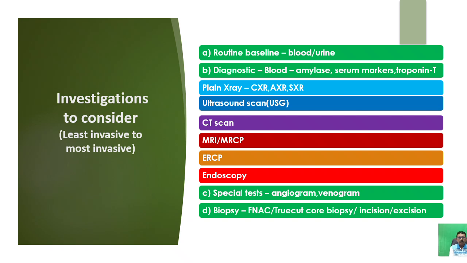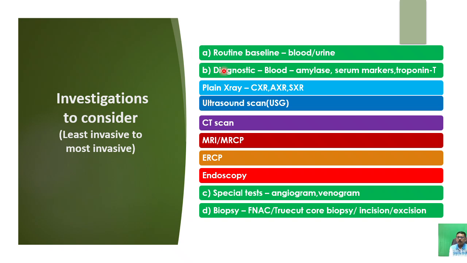Okay, once you have some provisional diagnosis and differential diagnosis at hand, then the next step is to go for the investigations. I've listed here the investigations. First of all is the routine and basic baseline investigation of the blood and urine.